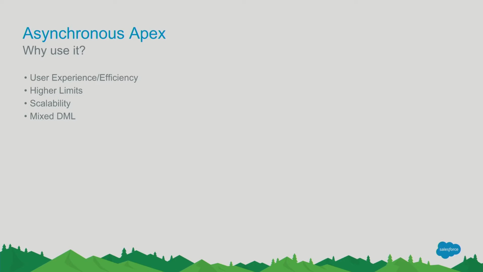So there are a few different reasons why we would use Asynchronous Apex. One of the most important ones, I feel, is user experience and efficiency. This one really revolves around making sure that the users are having the best experience on the platform. Salesforce is really fast, and we can build our code to be really efficient, but let's say we have John Smith, he's a salesman, he's entering accounts, he's taking phone calls, he's updating contacts.